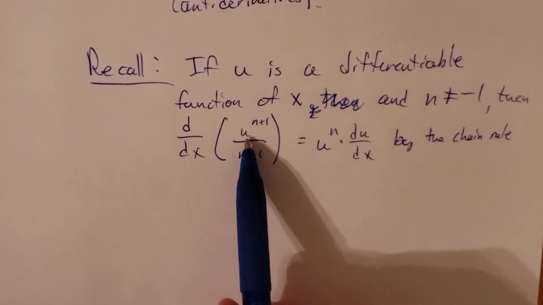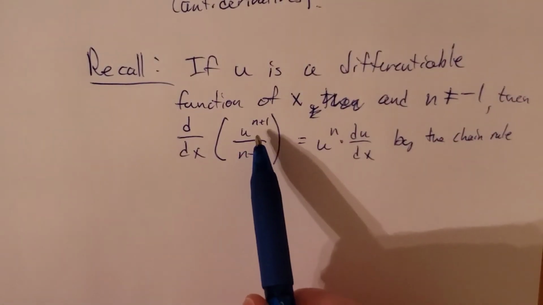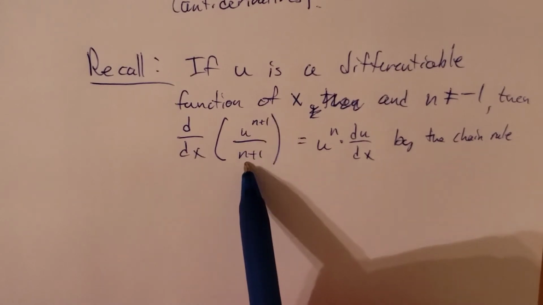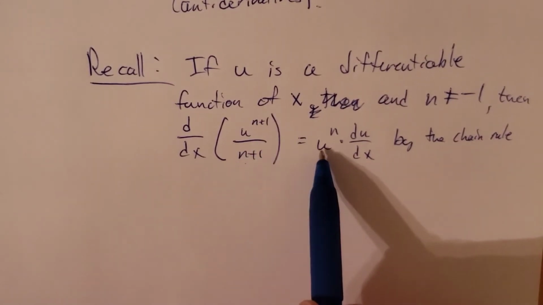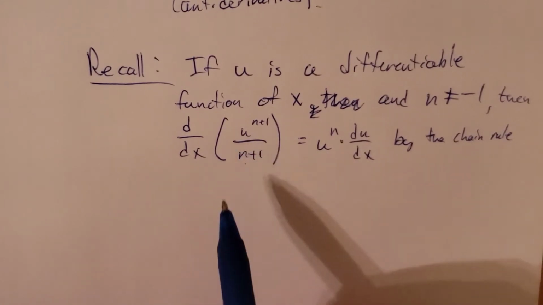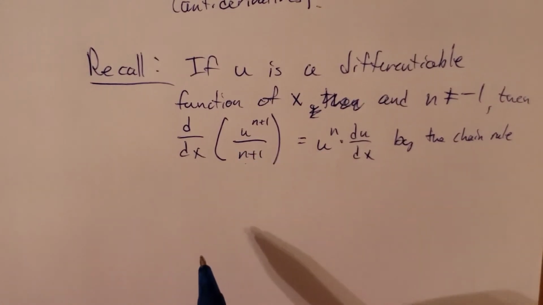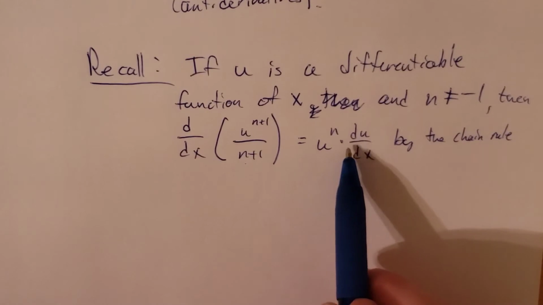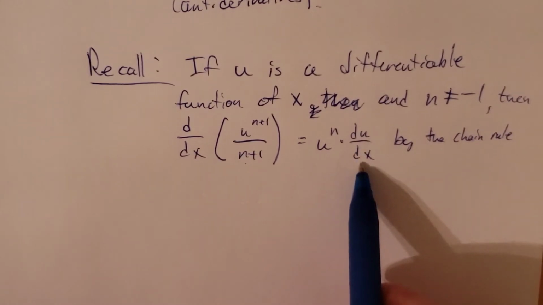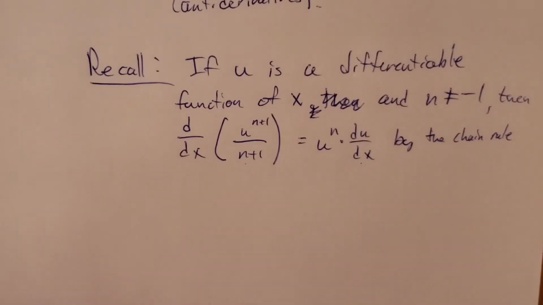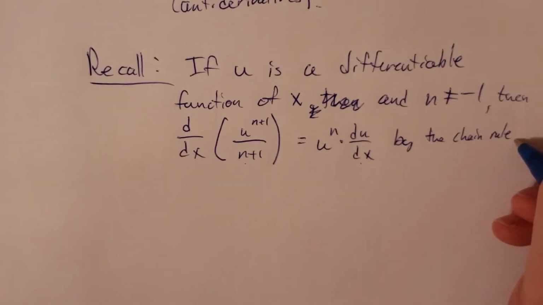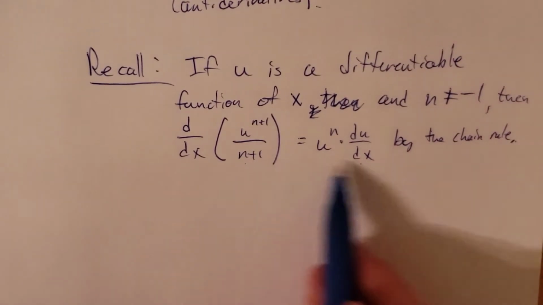We take the derivative of u to the n plus 1 over n plus 1, and we multiply by n plus 1 here. That cancels this denominator out. And we subtract 1 from the exponent, so we just get u to the n. But then u is a function of x, and we're deriving with respect to x, so we then need to multiply by the derivative of u with respect to x. And so we get this.